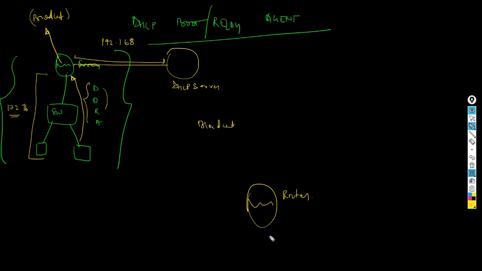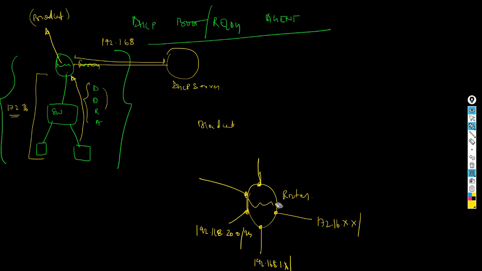If I talk about a router, if one interface has the 192.168.1.0 series, the second physical interface has the 172.16 network, and similarly another has 192.168.20.0, then they are all different networks on a router.